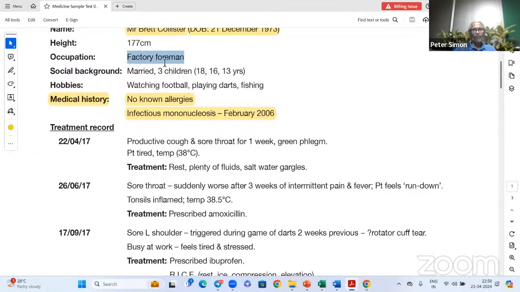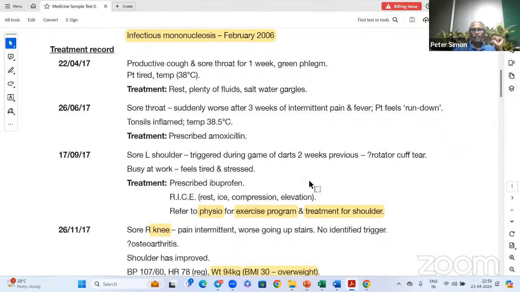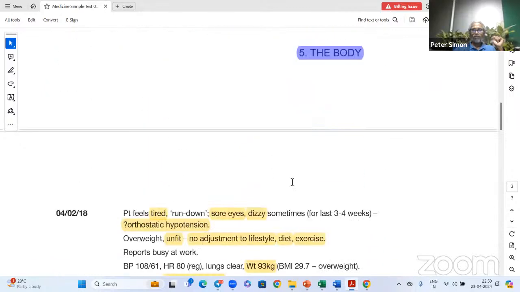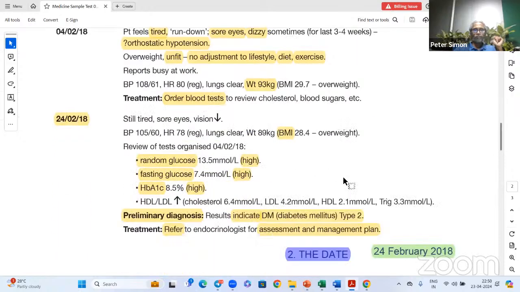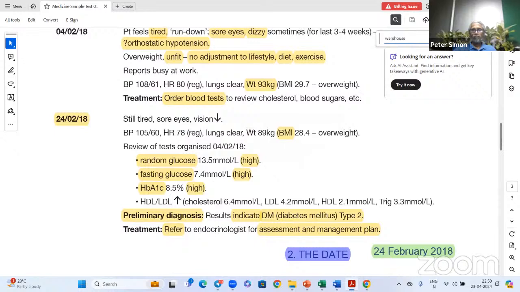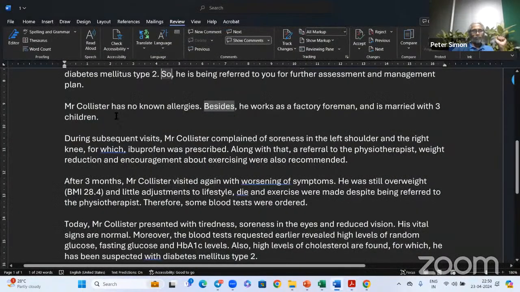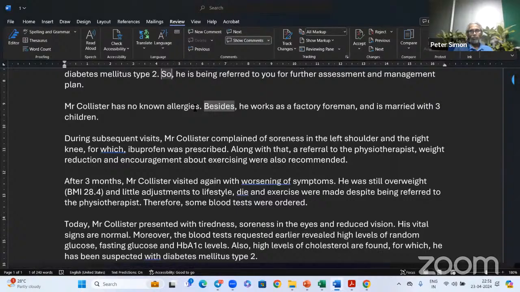And is there any information related to that? Mr. Collister has no known allergies.